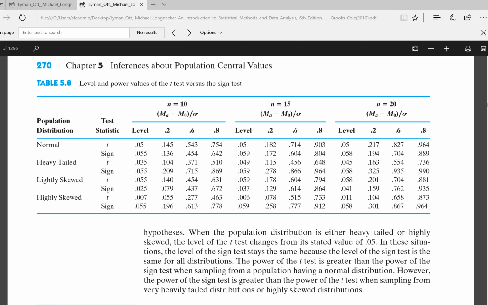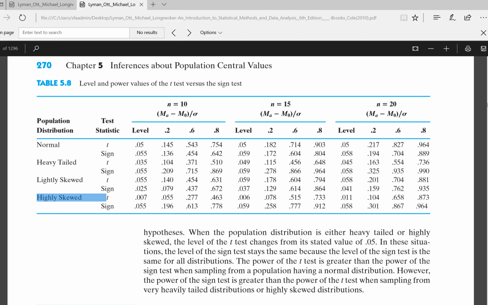I'm sorry, it's rejecting at a lower rate of the true null hypothesis than is specified by the nominal alpha of 0.05. And so these values here reflect the power of the t-test, and the power increases. But if you compare the power of that t-test to the power of the sign test, the sign test does much better. The powers are much higher in this situation where the populations are highly skewed.